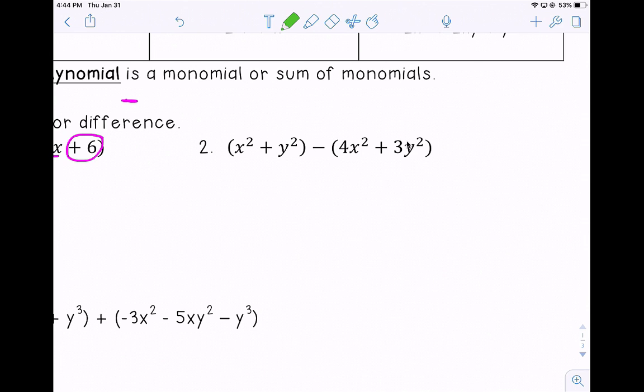So I am going to suggest that we distribute this negative, so that would be a minus 4x squared and minus 3y squared. And then in the front, we're still going to have x squared plus y squared.